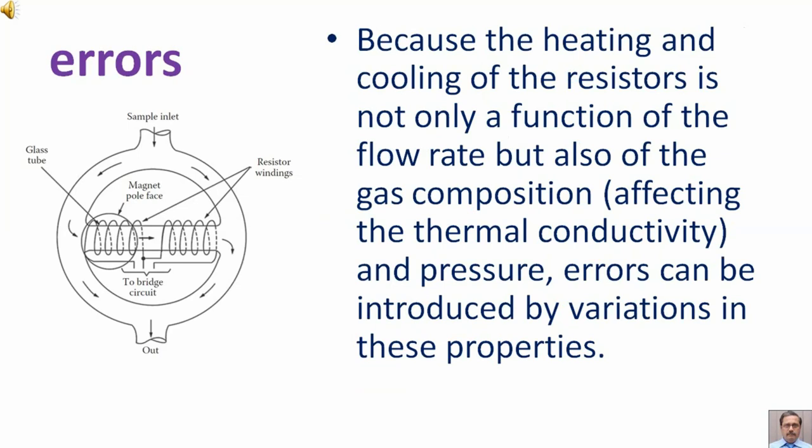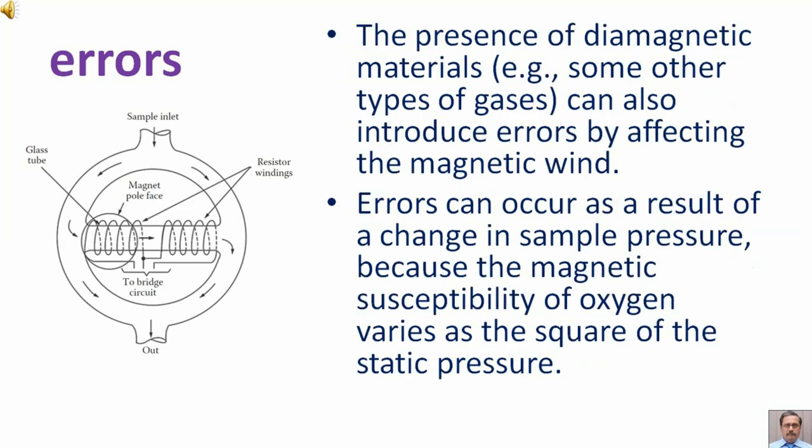Because the heating and cooling of the resistors is not only a function of the flow rate but also of the gas composition, affecting the thermal conductivity and pressure, errors can be introduced by variations in these properties. The presence of diamagnetic materials, that is, some other types of gases, can also introduce errors by affecting the magnetic wind.